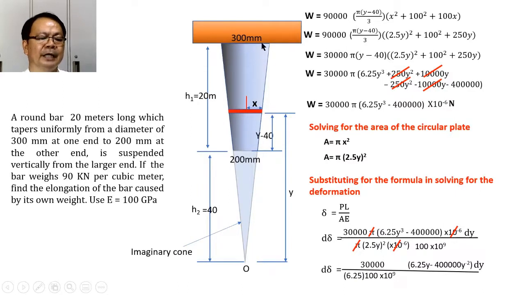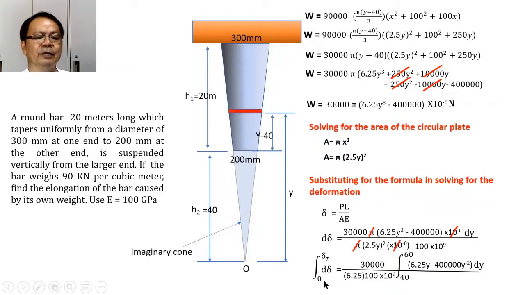Right? Let us take from here all the differential lengths up to the end. And when we sum them up, what will be our equation? Our equation is integrating this term from 40 to 60. And this will be integrated also from 0 to the total deformation.